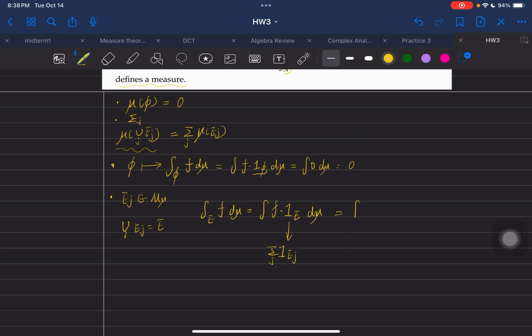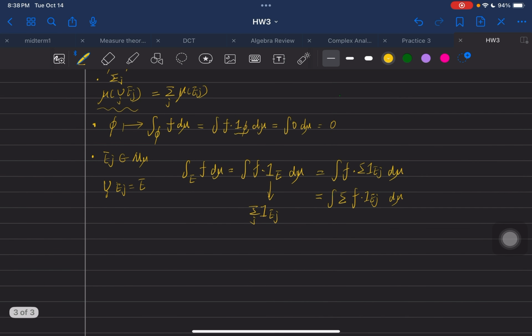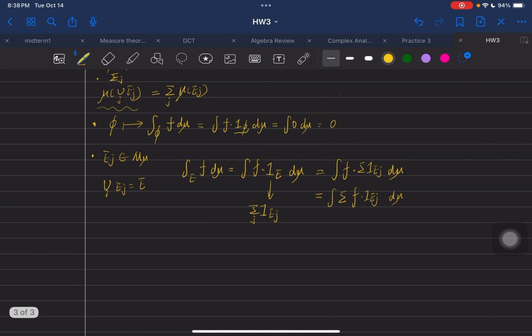So then we have the integral of f times the summation of the indicators of E_j d mu, which is essentially the summation of the integrals of f times each indicator of E_j d mu. And then notice we're dealing with non-negative functions, so we can interchange the summation and integration. Then we have the desired result.